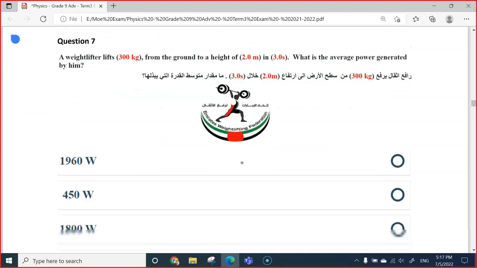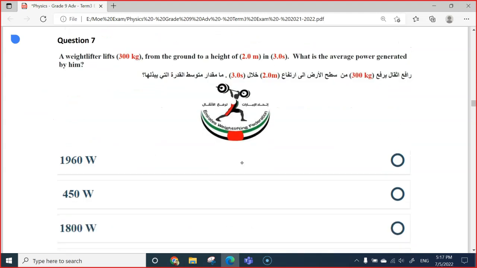Question number 7. A weightlifter lifts 300 kilogram from the ground to a height of 2 meter in 3 seconds. What is the average power generated by him? The equation to calculate power is work divided by time. We know how to calculate work done: force into distance, divided by time. If you are lifting an object, the force you need to apply is equal to the weight of the object.